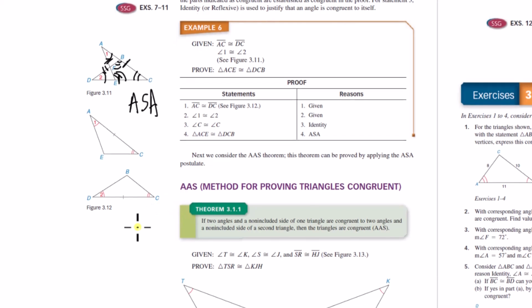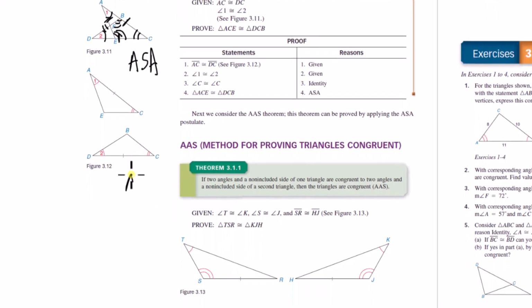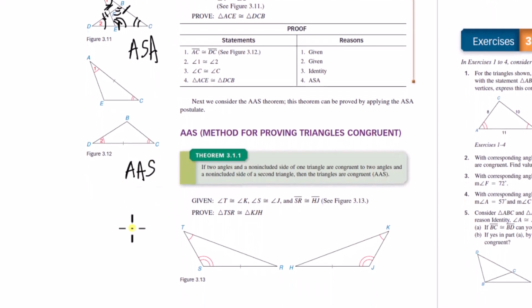Well, no, because if you have angle-angle-side, two angles and a side length that's not included between the angles, well, if you have two angles, then you automatically have the third angle because all the angles sum to 180. So you could just go find the third angle.